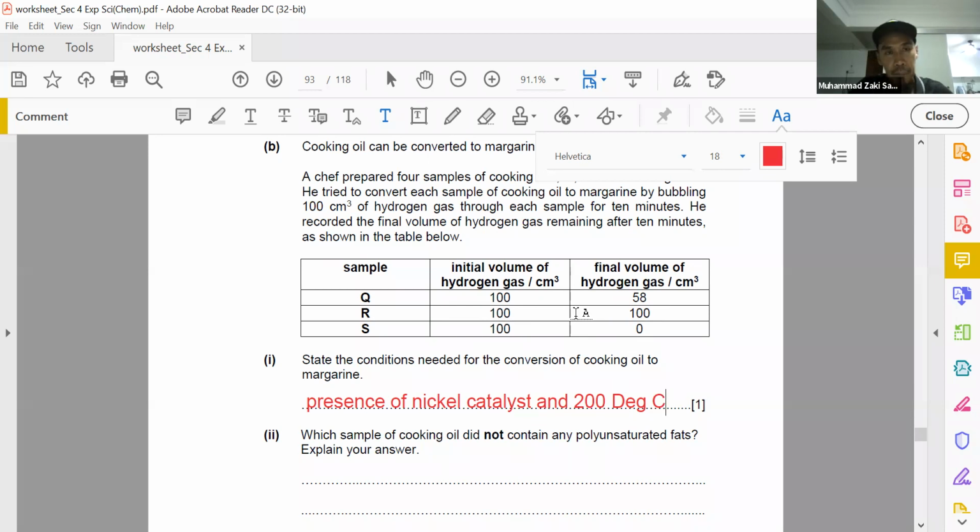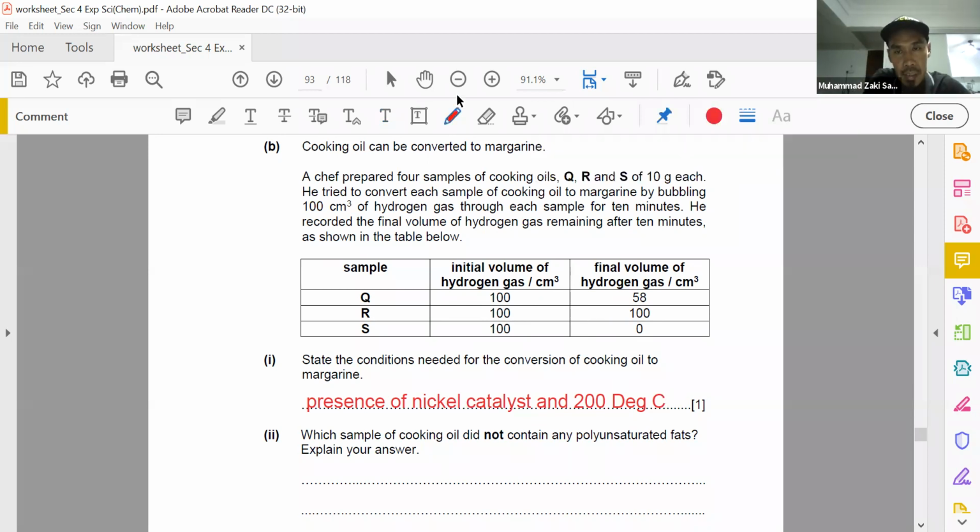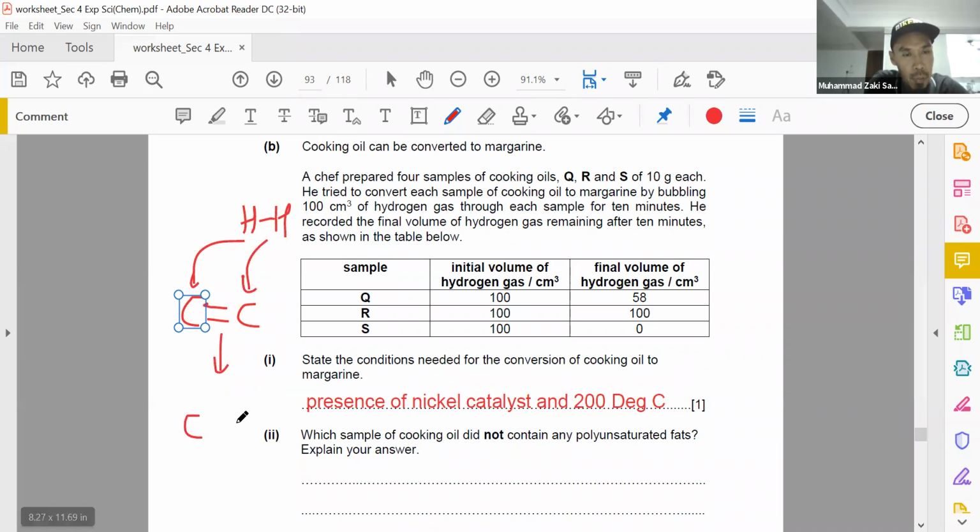If you remember, in an addition reaction, if something has a carbon-carbon double bond, then the hydrogen will get absorbed into it, and as a result the carbon-carbon double bond will disappear. That's what happens for Q and that's what happens for S.